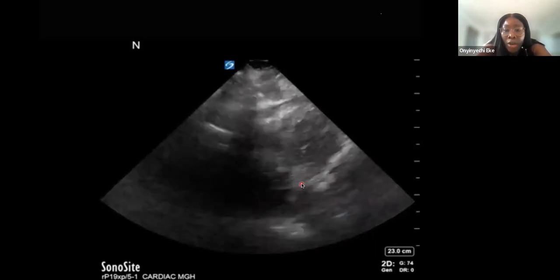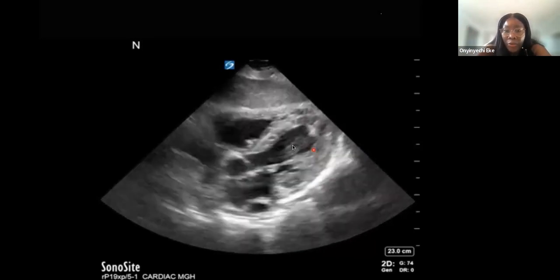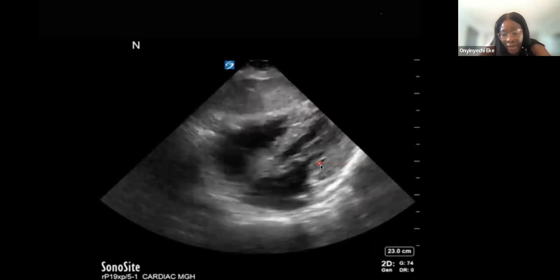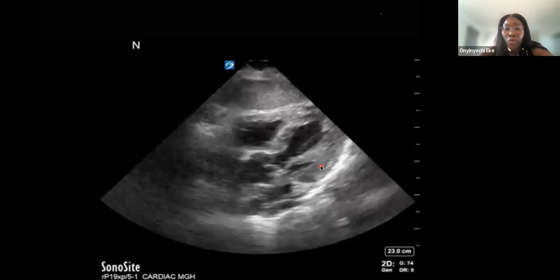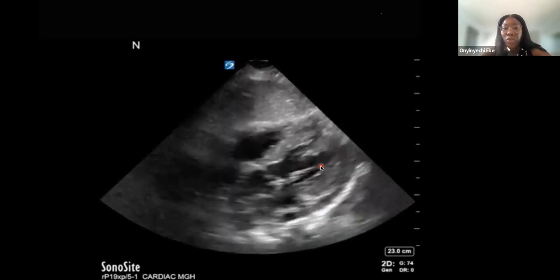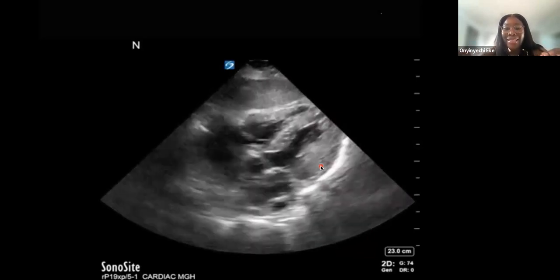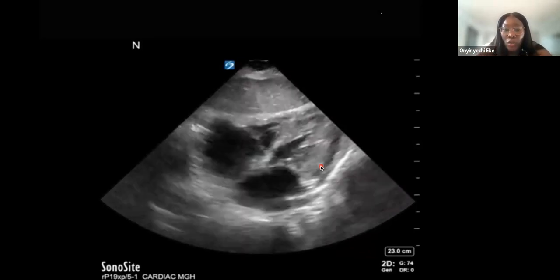We can also appreciate just the function of the heart here, seeing how the squeeze is and what the right side of the heart looks like compared to the left side. So in ultrasound scans, one view is no view. If I'm going to do a cardiac ultrasound scan, we want to get all of these four views, or at least you should have 2 views. One view is not enough.